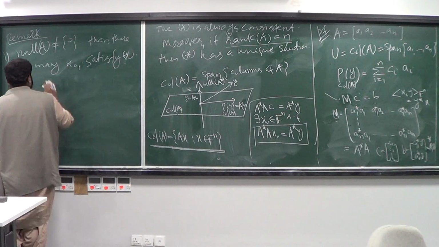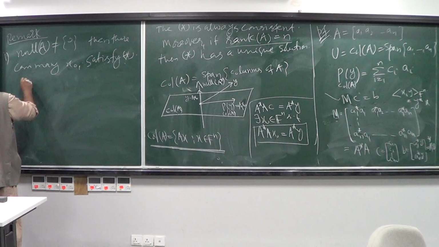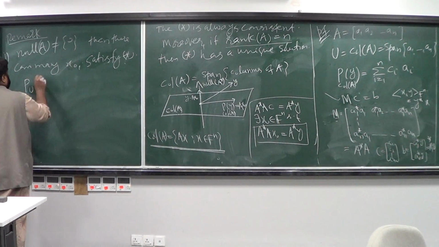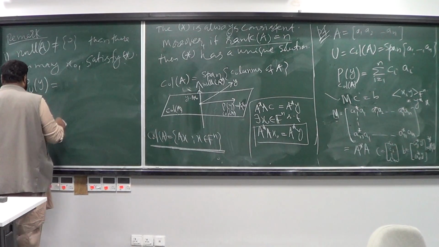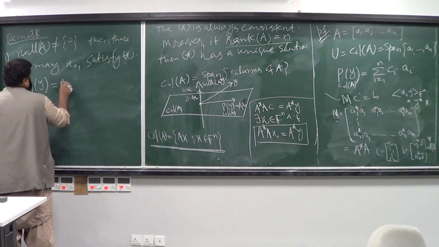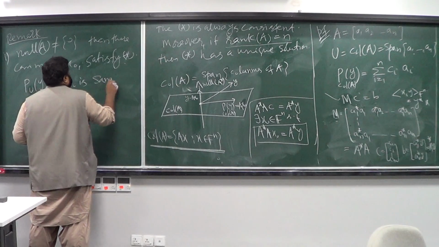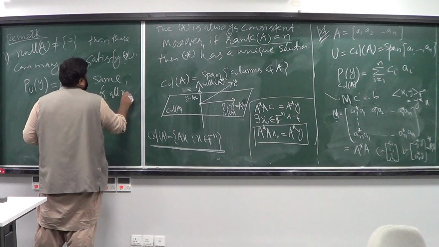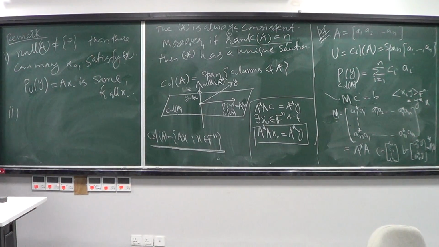But for all of these x naught, there can be many actually, this orthogonal projection P_U of Y onto the column space of A, which is A x naught, is going to be the same for all x naught that satisfy star. So this is the first remark actually.